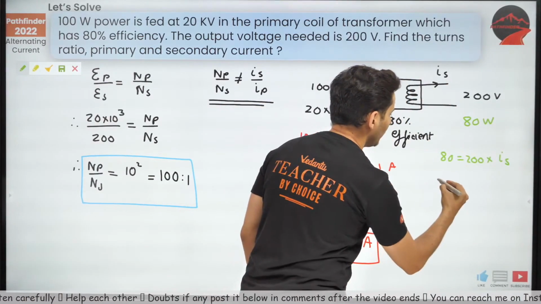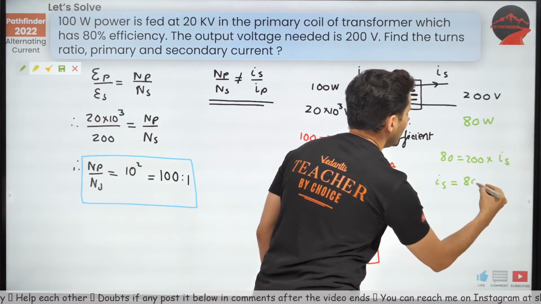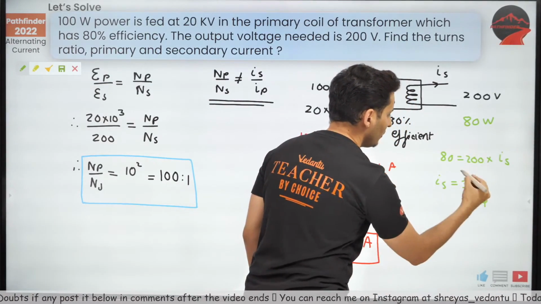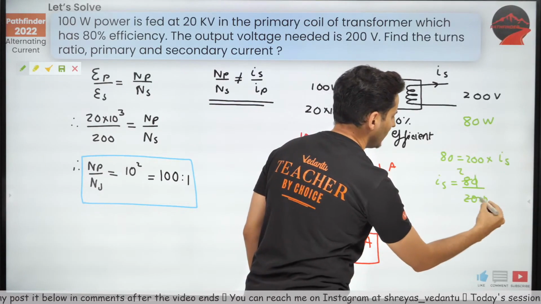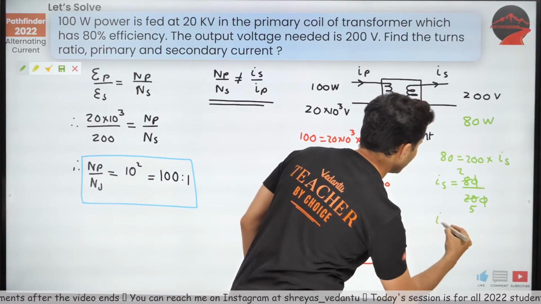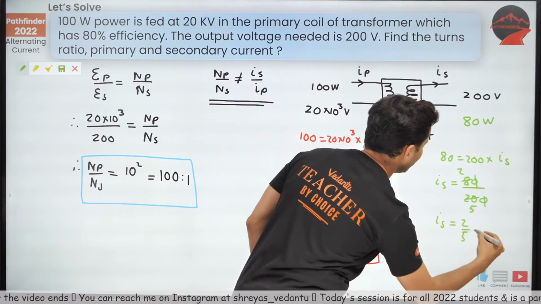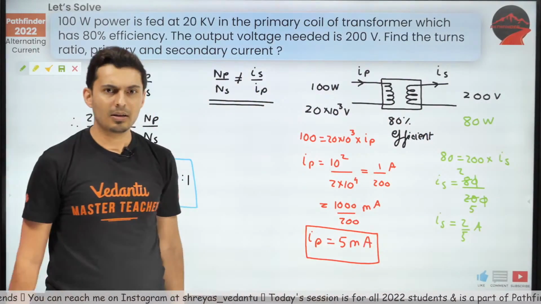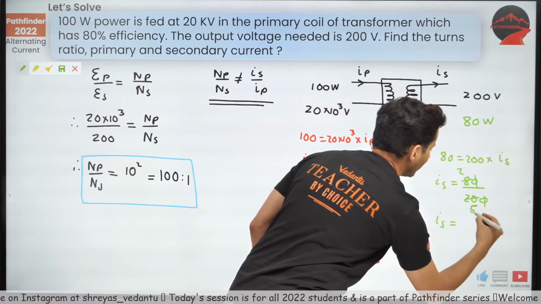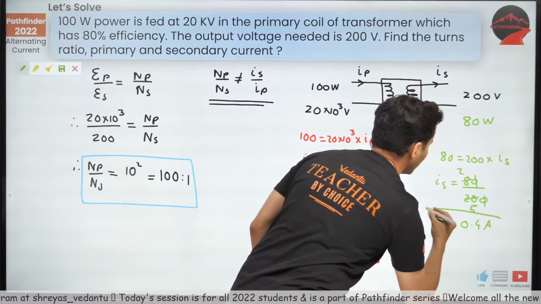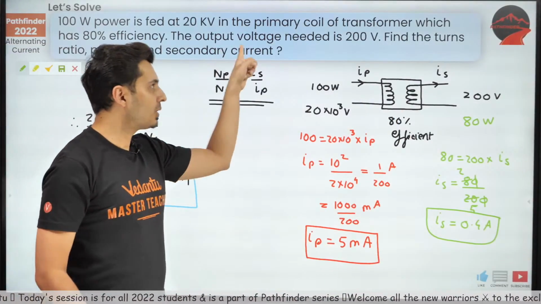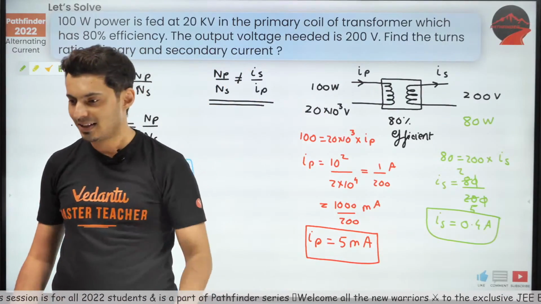Therefore, IS will be 80 divided by 200, which is 2 by 5 amperes, which is 0.4 amperes. I hope this is clear. So that's the final answer. Guys, do not use this formula because the efficiency is not 100%.